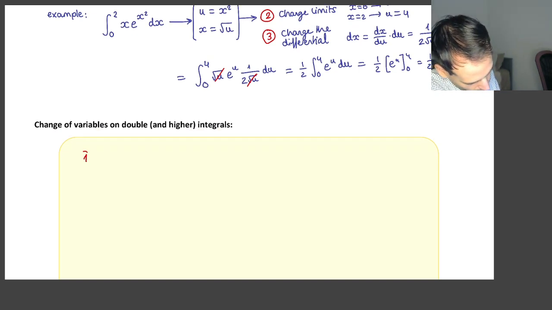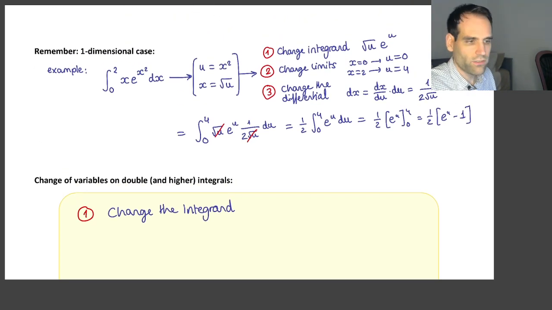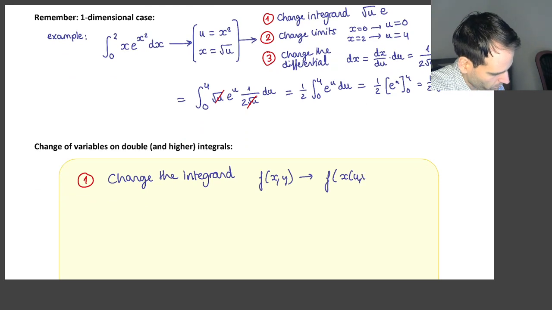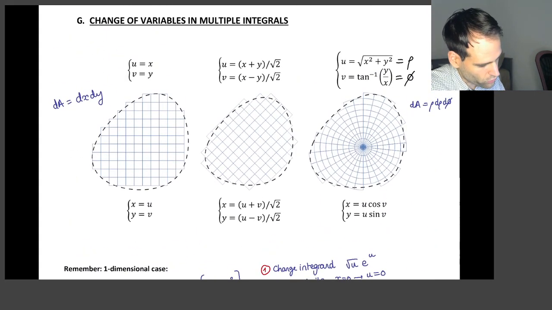So first, you change the integrand, and this is as easy as in the one-dimensional case. You just need to find x as a function of u and v, and y as a function of u and v. Okay? Because remember that we are changing two variables.